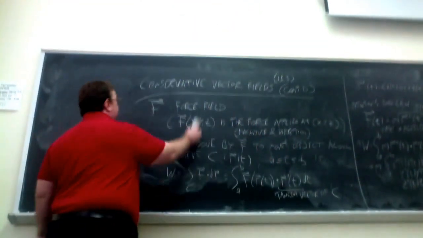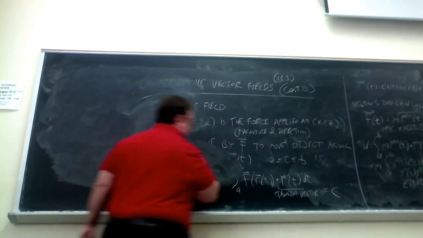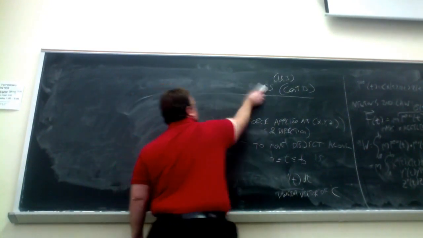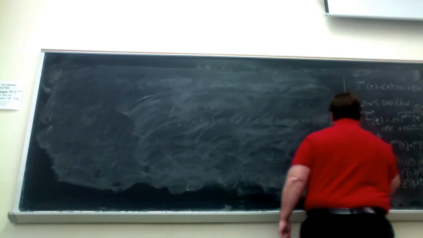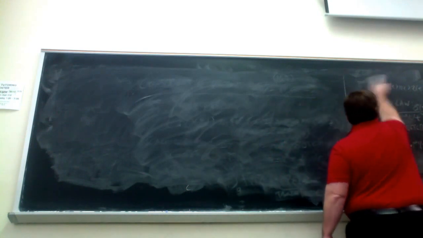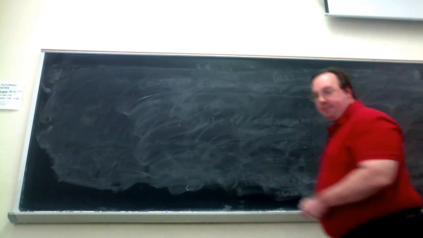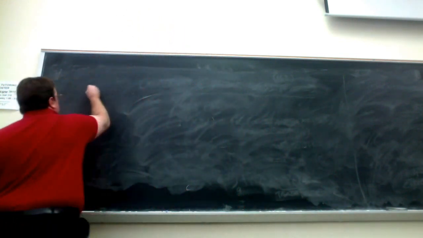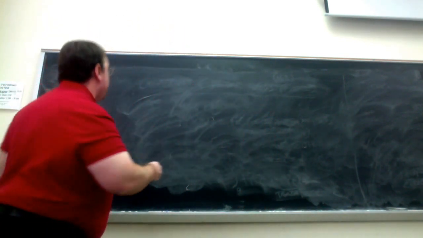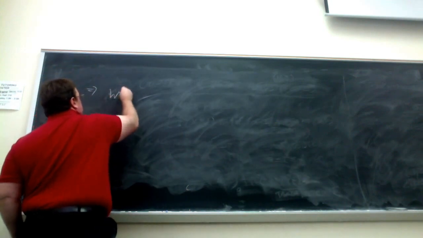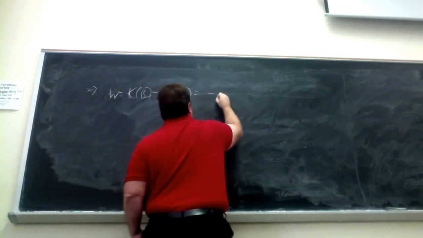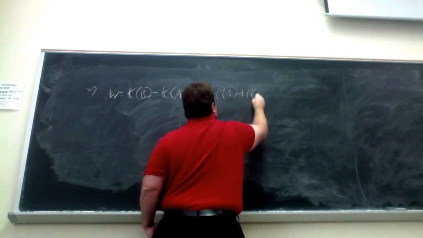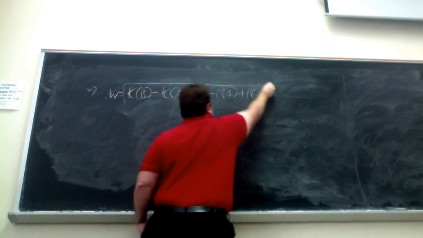So if we set them equal, the first one was K of B minus K of A, and that must be equal to minus P of B plus P of A. So we have this equation now.